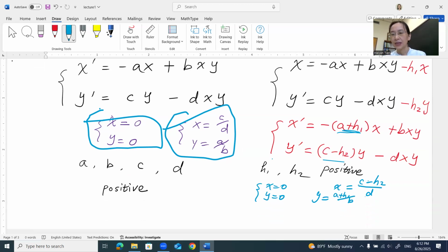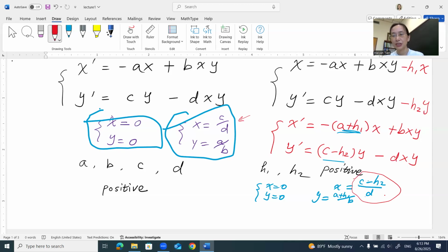That means the predator population is smaller than before because of the harvesting. If we circle this, compared to C over D, due to the harvesting, the predator population will be less than without harvesting.